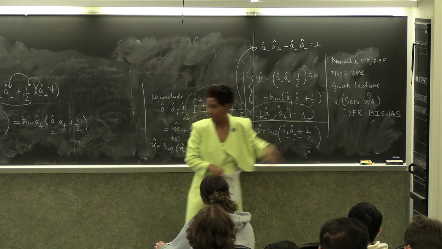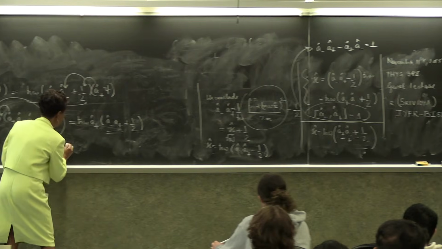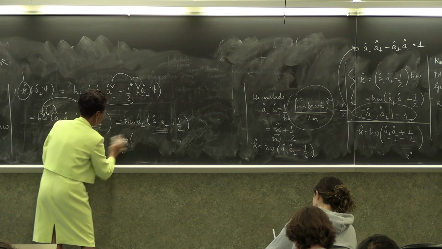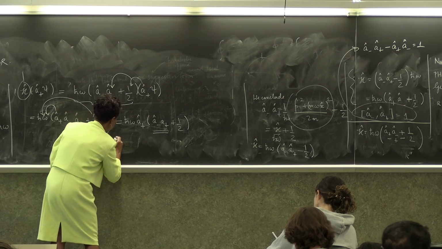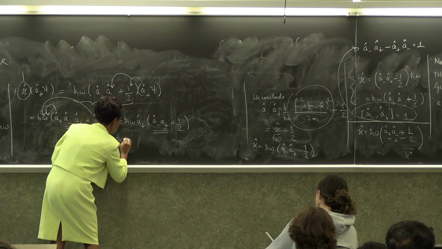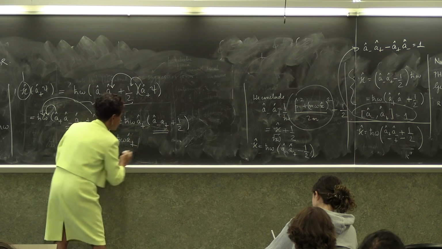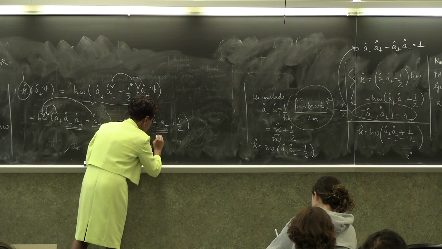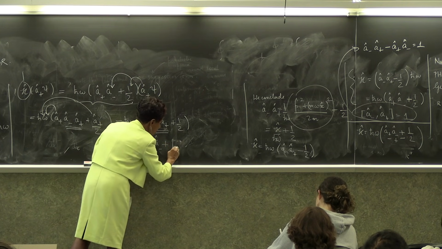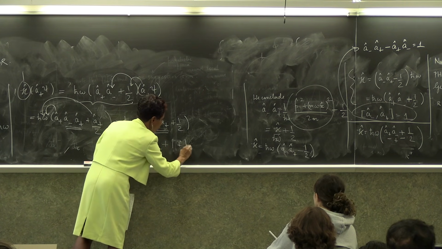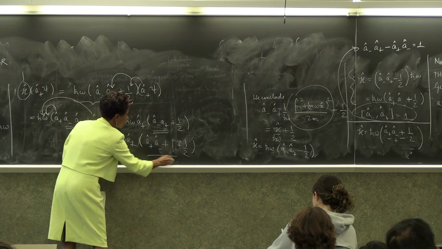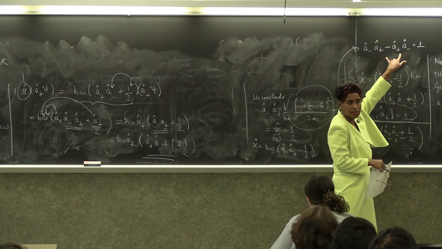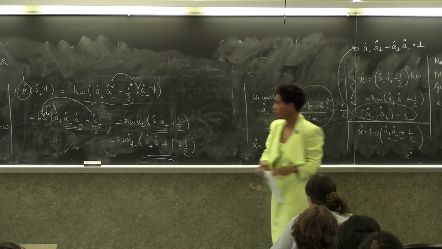Are you with me? Almost there. This is H bar omega times A plus times, flipping the order, A plus A minus plus 1, and then the half from before. And we got this from the commutator, which we unpacked as this. Almost there.